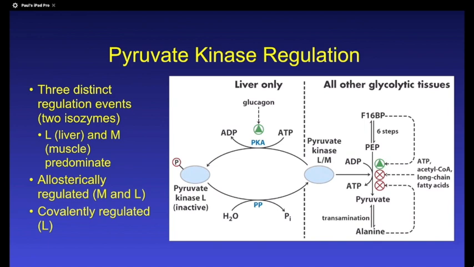If the cell senses I've got two sources of energy, glucose or muscle, and muscle doesn't start to be released until you've exercised for a while, it'll say, let's use the muscle protein that's been mobilized and save the glucose. So if there's evidence that protein is being broken down, it'll say, stop breaking down the glucose, because this can still go back up to glucose if I need it to. So if I have sources of protein, it'll stop that last step.